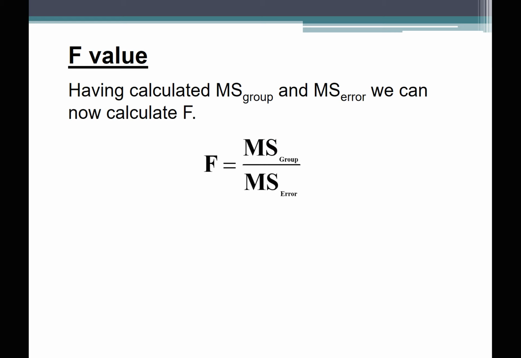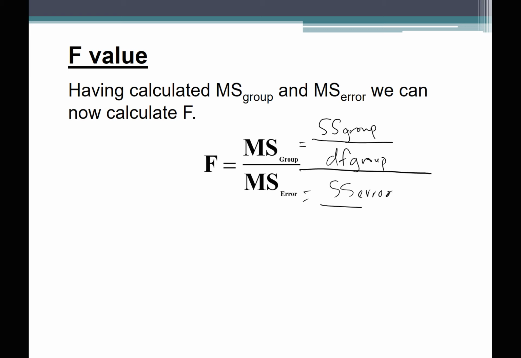Keeping in mind this top part is equal to SS group divided by DF group, and then over this bottom part, SS error divided by DF error. All right, so we're just plugging in. And at that point, we have an F value. We can plug in all the different numbers. We get one number, that's our F.